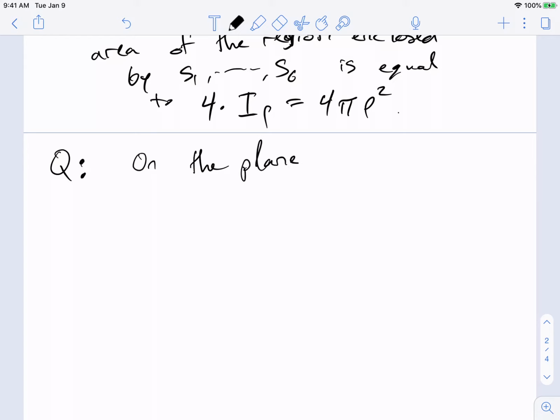On the plane, this is kind of related to chapter 8, which some of the homework's on.